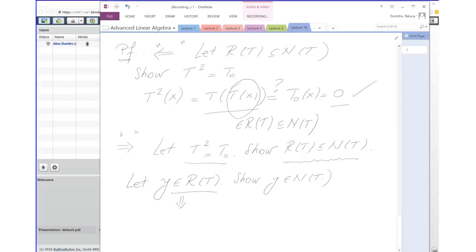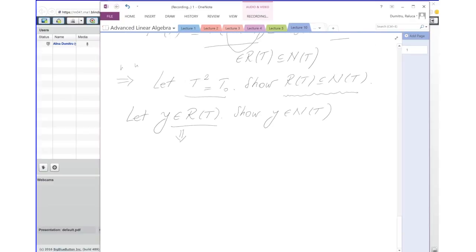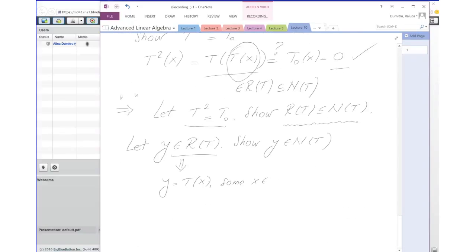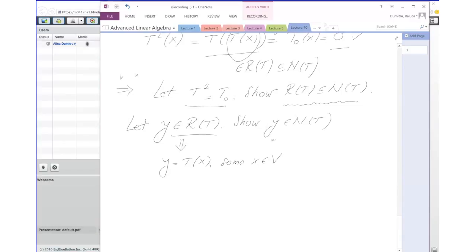So if y is in the range, what can I say? What does it mean to be in the range? It is T of some x. So y is T of x for some x in the domain of T, which is what? V. For some x in V. So looking at what I want to show, which is that y is in the null space, that means I have to show that T of y is 0, pretty much, right?